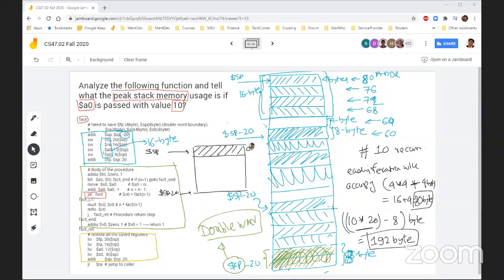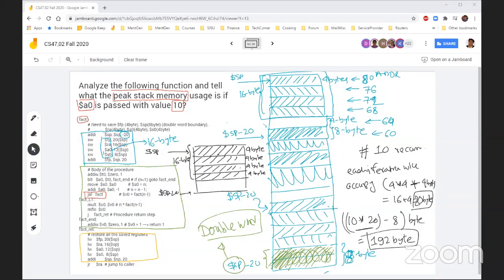So this is 4 byte, right? And then next we are filling up this part, which is 4 byte. Next we are filling up this with next variable, 4 byte. And next we are filling up 4 byte, right? So this is like total 16 byte.